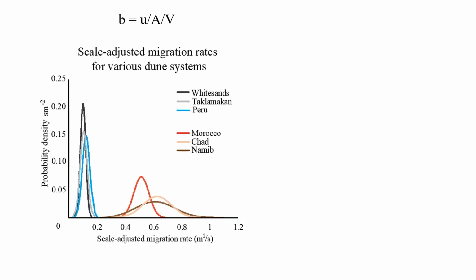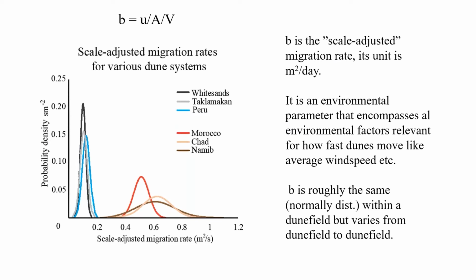Obviously, surface to volume ratio is not the only thing that's controlling the speeds of these dunes. There are also environmental factors like wind speed and those kinds of things. And those are all encompassed by this parameter that I call the scale adjusted migration rate. The way that you can calculate that is simply to normalize the dunes within a dune field for variations in size.